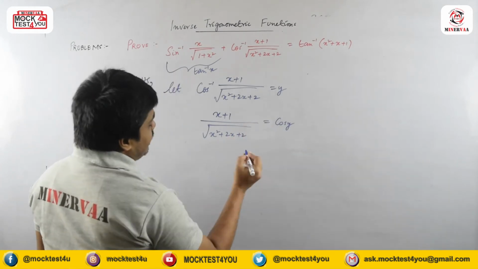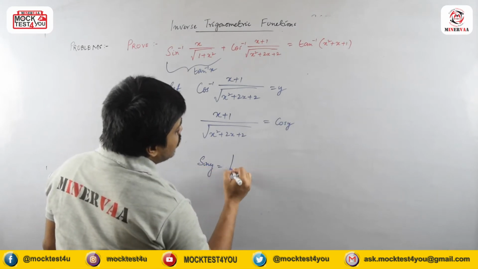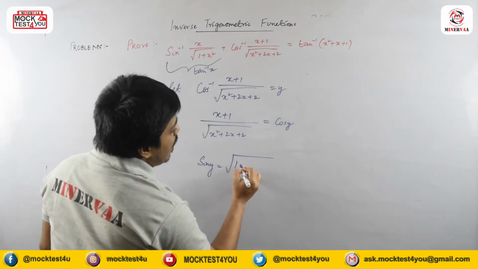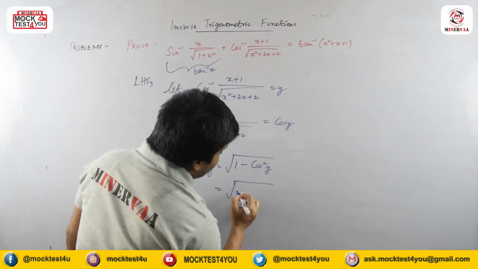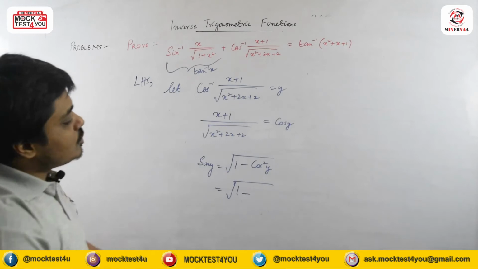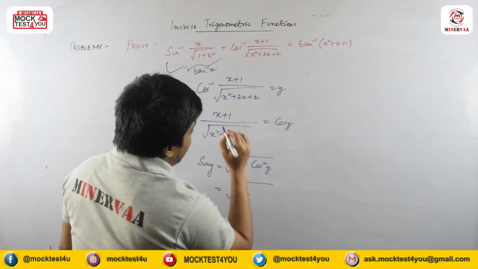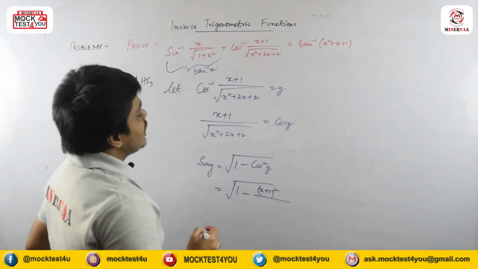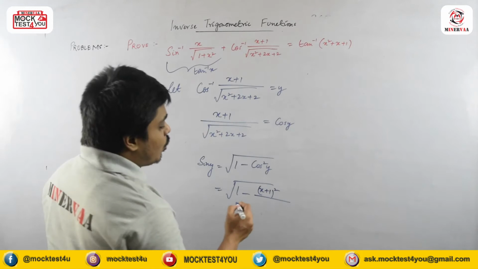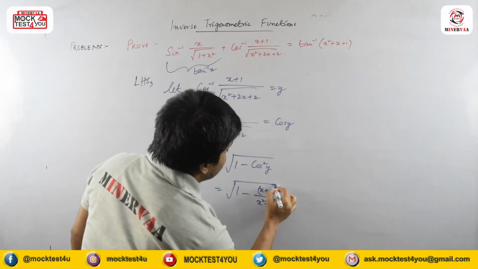So sine y is nothing but square root of 1 minus cos square y. So that is equal to root over of 1 minus, now cos square y is the square of this thing, so we have x plus 1 whole square divided by the square of this thing. So the square root will go away, and we have x square plus 2x plus 2. So this is what we have.